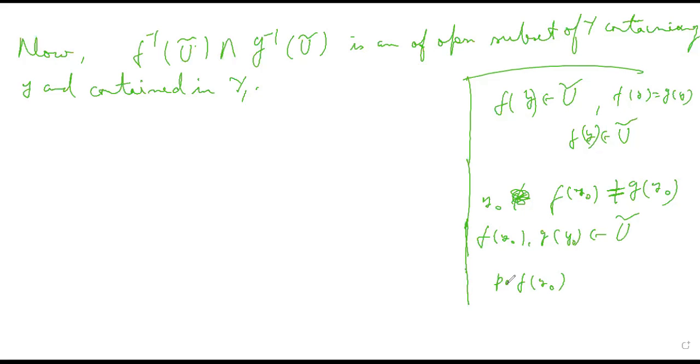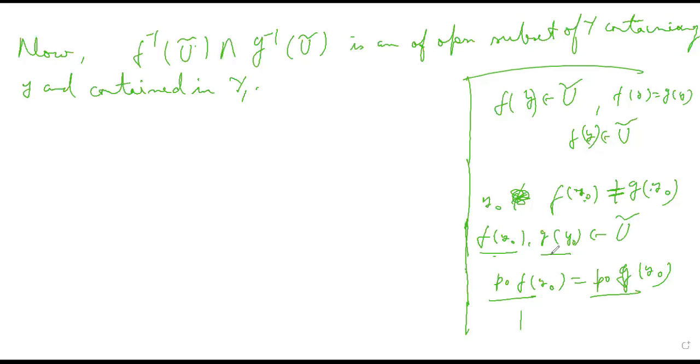This is actually f composed p, g composed p, because f composed p equals g composed p, right? And hence this is there. So these points f y naught and g y naught go to the same point in u, right? So these two are different points, and they are going to a single point in u.